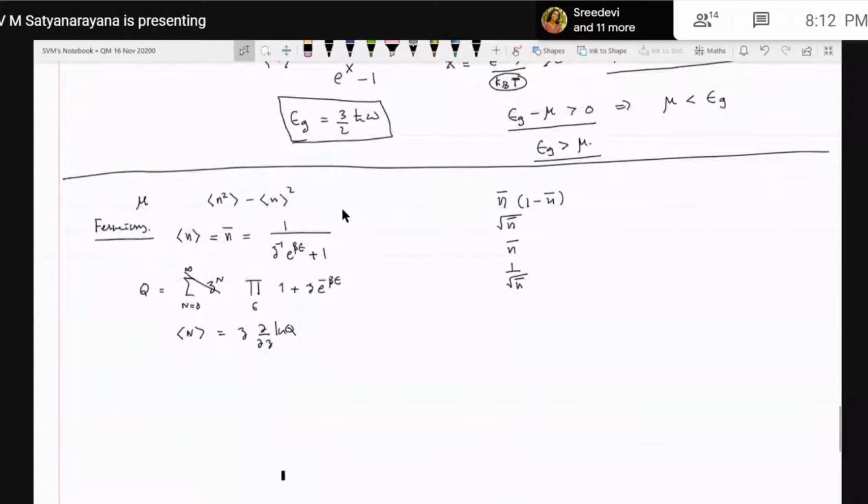Okay, now we have to ask the question: what is your n square? N square can be written as the sum over n equal to 0 to infinity of n square into the probability of n.